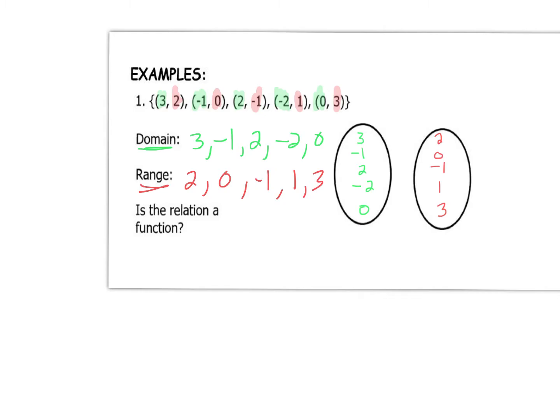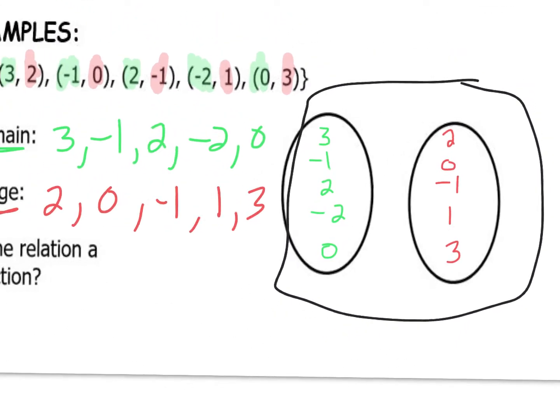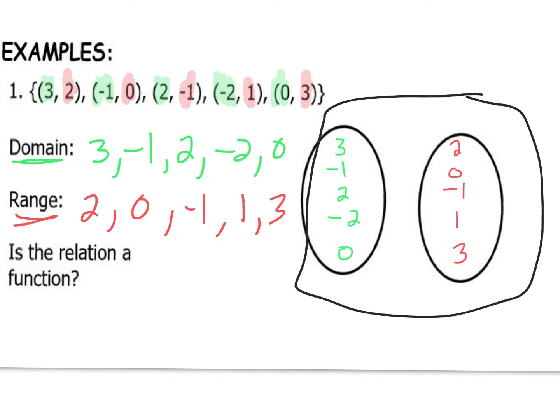Now, if I was showing the mapping relation, because that's what this is, it's showing you a map. What you're going to see are arrows for the ordered pairs. For the first one, we have the ordered pair 3 to 2, so we're going to draw an arrow from 3 to 2.